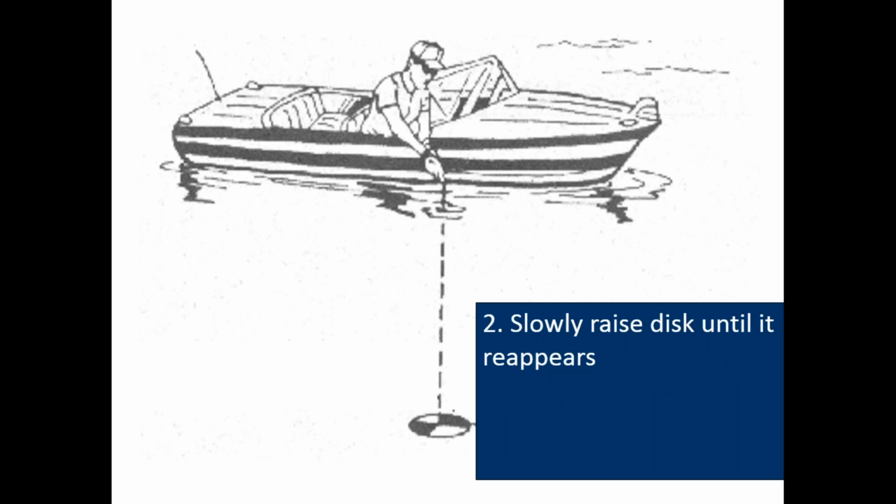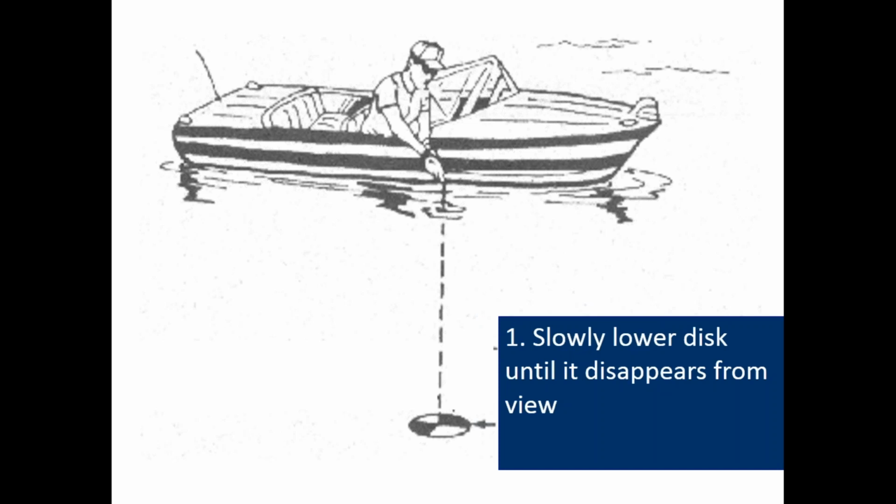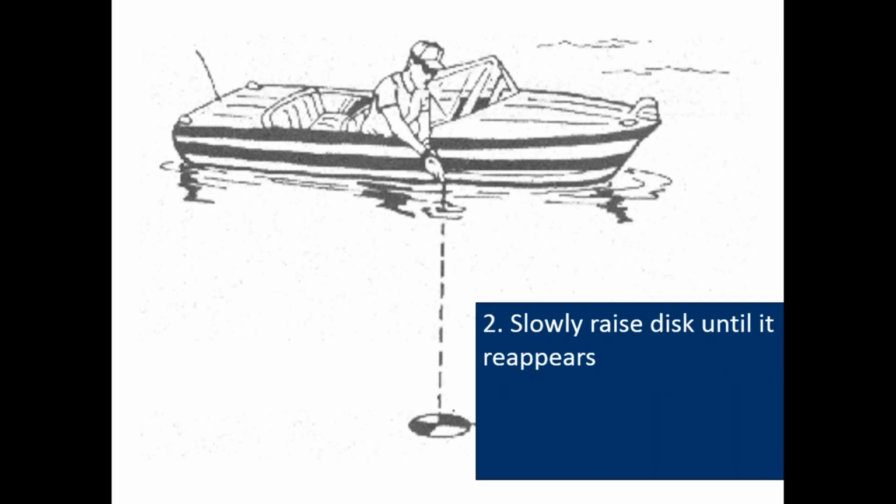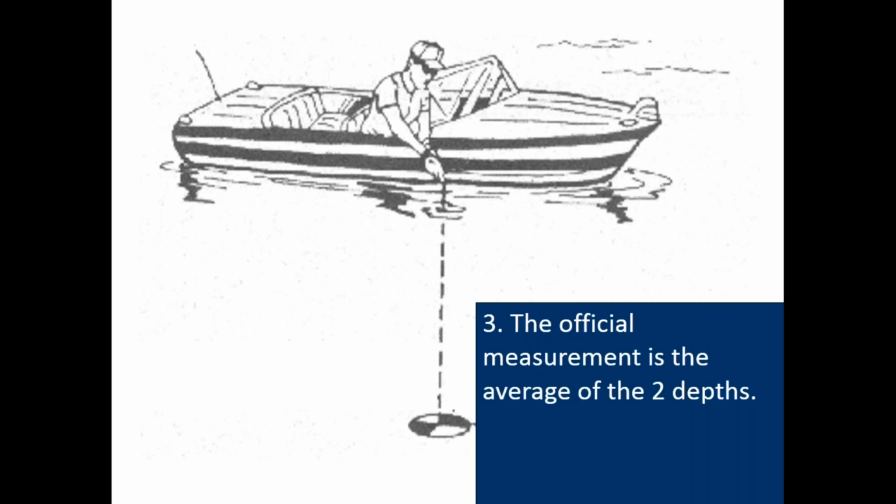And strangely enough, where it disappears in step 1 and where it reappears in step 2, they will be different numbers because of how our eyes are able to track the disc. It ends up having 2 different numbers there. So you want to know what both of those numbers are, because what you're officially recording on your data sheet is the average of those 2 depths.